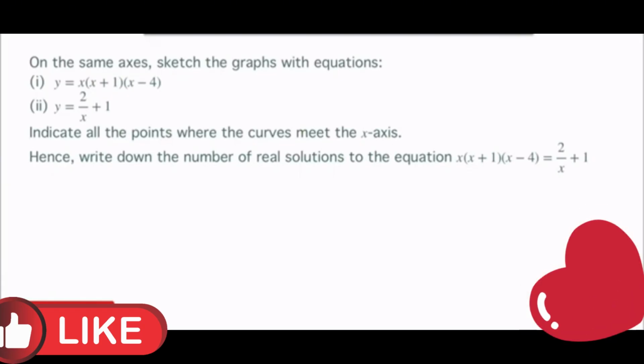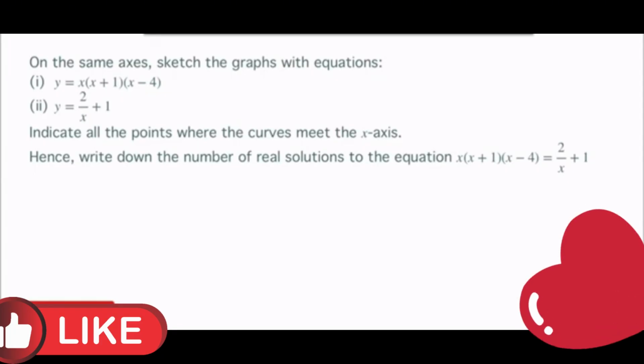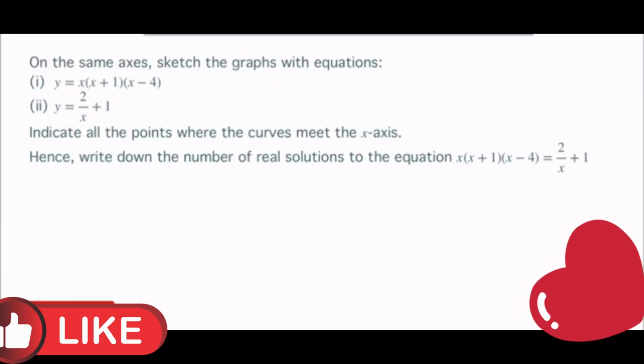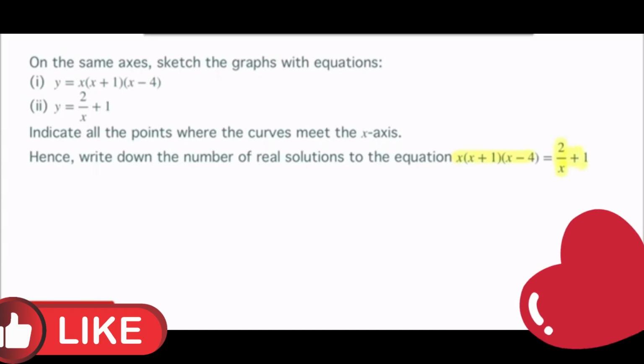It says to indicate all the points where the curves meet the x-axis, and hence write down the number of real solutions to this equation here. As you can see, they've set those two equations equal to each other. So we have the x with our brackets here, and we have our other graph, 2 over x plus 1 on the right. So we're going to have a look at drawing these graphs and seeing how we approach them.